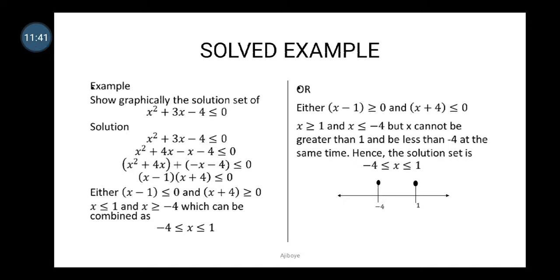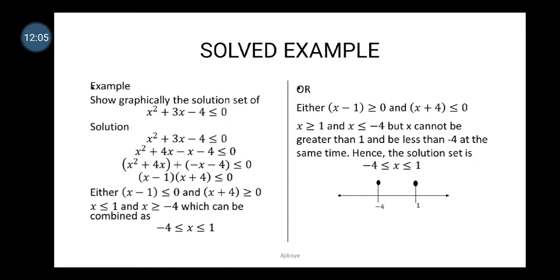We are saying that the two factors are multiplied and the result is less than or equal to 0.